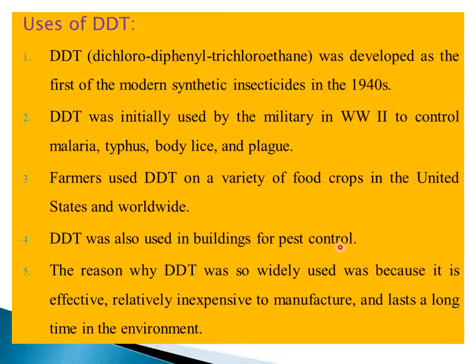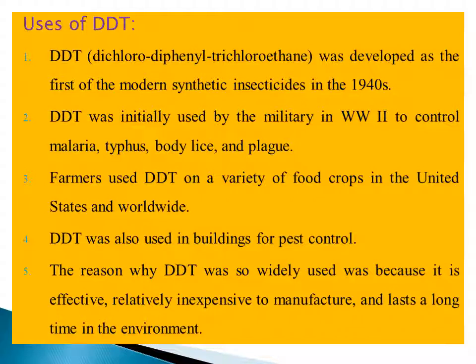That is another use. And the last use, and the reason why DDT was so widely used, is that it is effective, relatively inexpensive to manufacture, and long lasting in the environment. So these are some of the uses. It is a synthetic insecticide discovered in the 1940s.